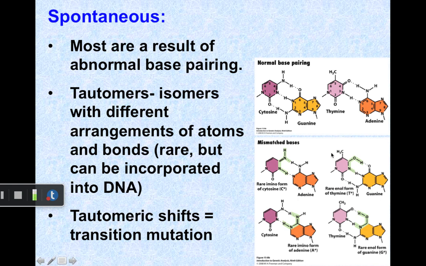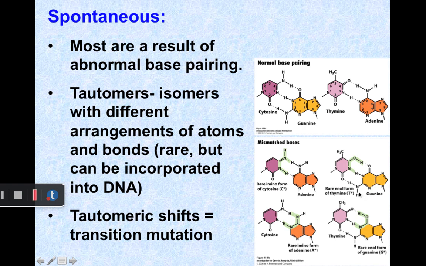And so we see a few of these illustrated toward the right here. So normal base pairing illustrated toward the upper portion of this figure. So C with G, T with A. That's what we normally see, and that's what we normally expect, right? Complementary base pairing. But we can have these tautomers produced that can lead to mismatch base pairing. So for example, we can have this amino form of cytosine binding with adenine. So C and A, right?